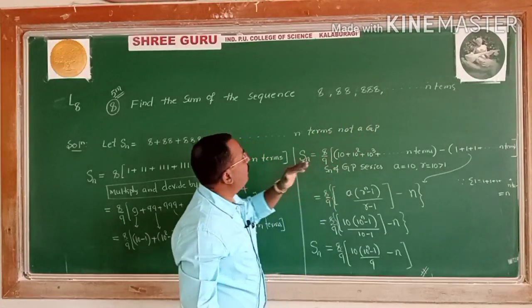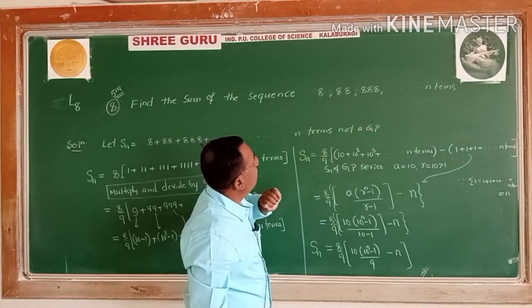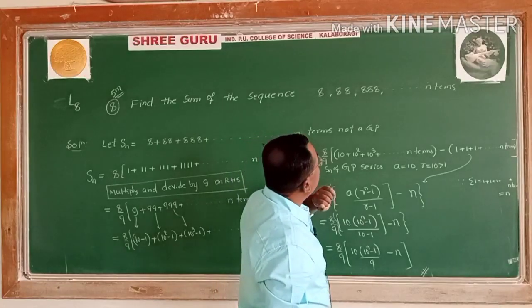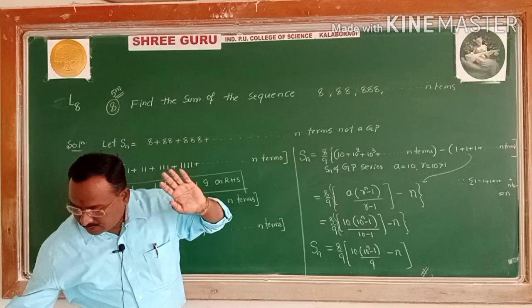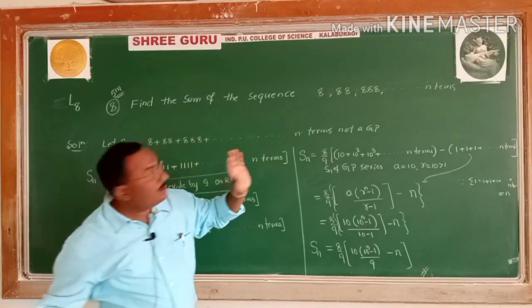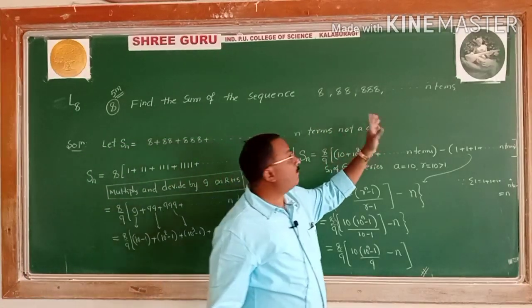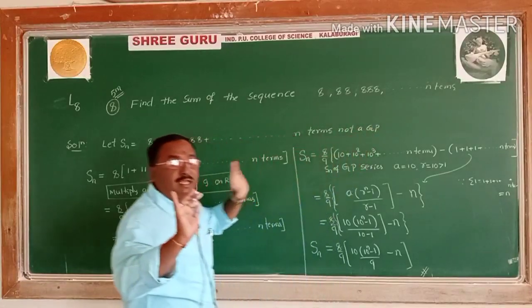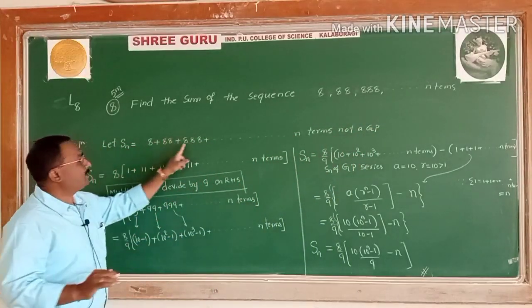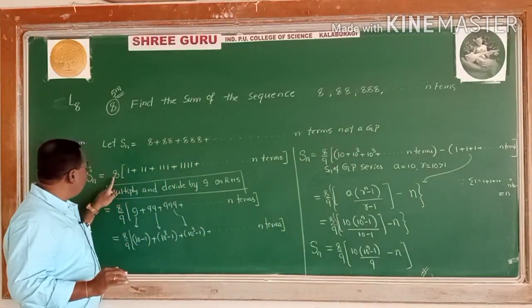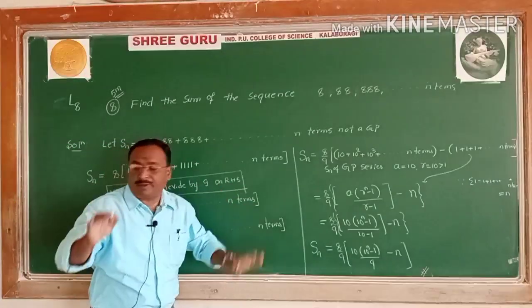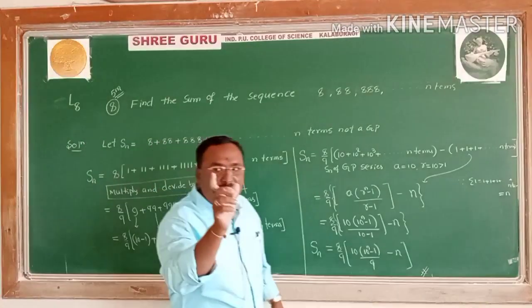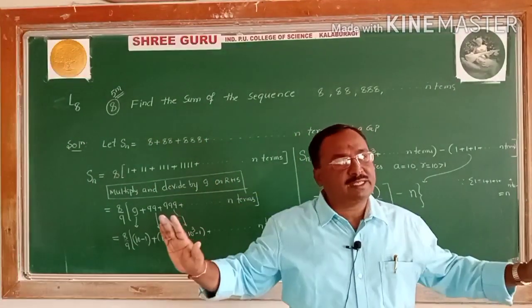It is in the same form. Here 8 is replaced by 5, so Sn is equal to 5 times the same expression. The procedure will be the same in whatever examples; only the number is changed. The procedure stays the same.